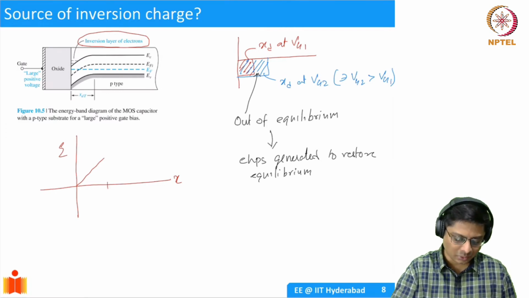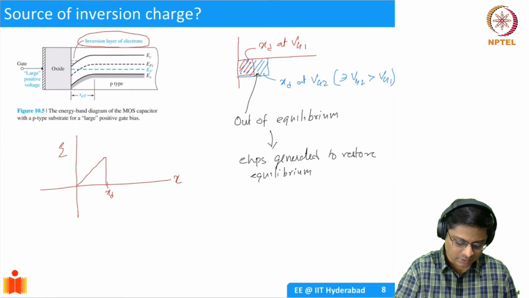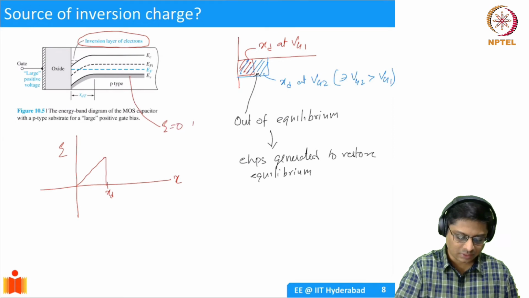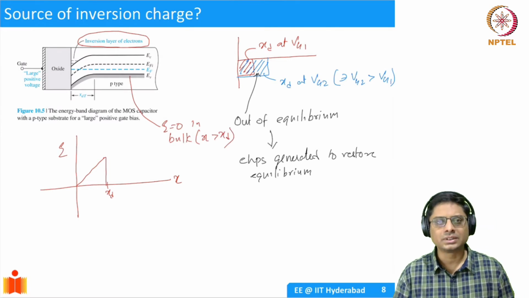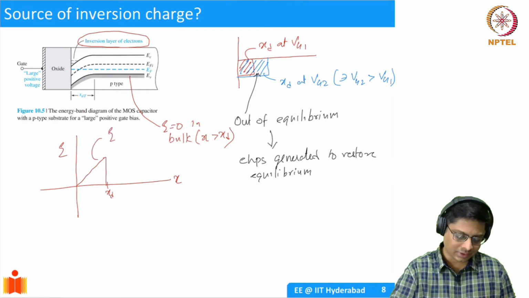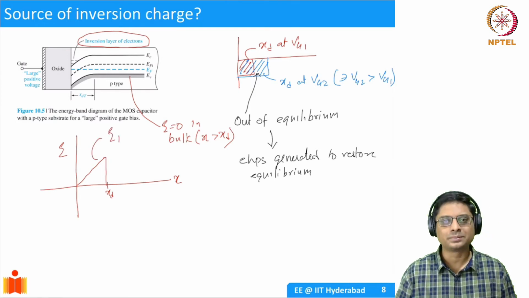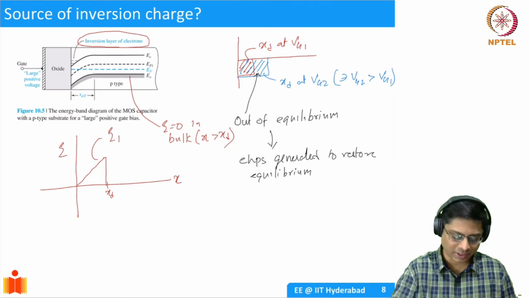And we also know that as you cross XD, the field has to go to 0: E equal to 0 in bulk, essentially X greater than XD. That's bulk for us. So, is this correct? Let's call it E1. Is it a valid solution for our problem? If you think about it, it turns out that no, this is not correct.